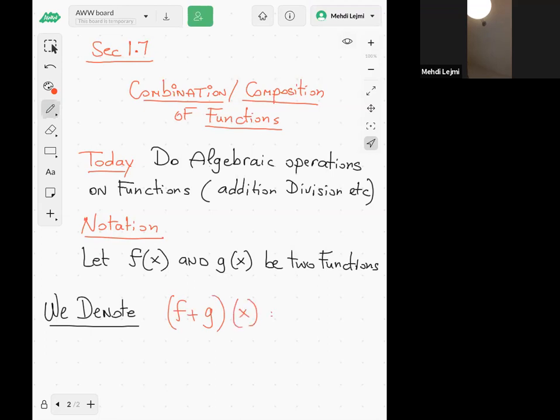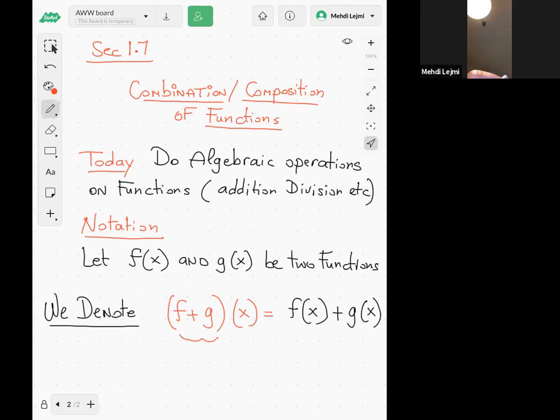This is just the sum of the two functions, that's just f of x plus g of x. This is just notation for a sum of two functions.